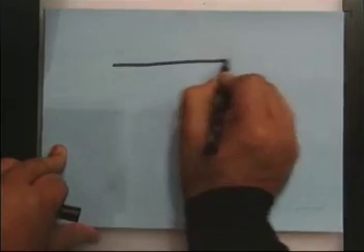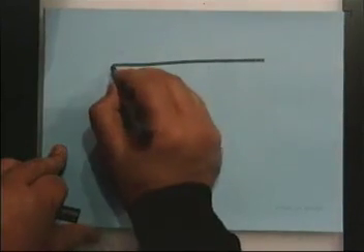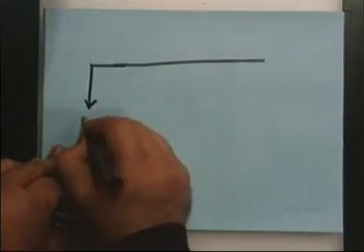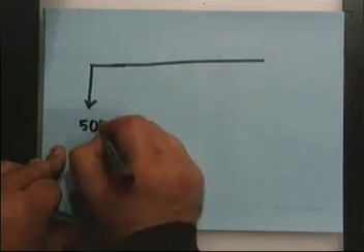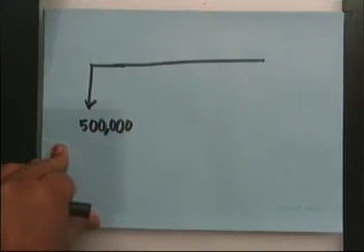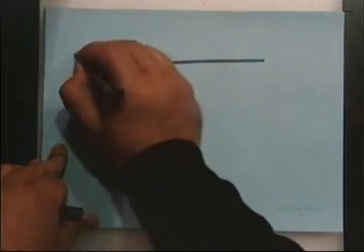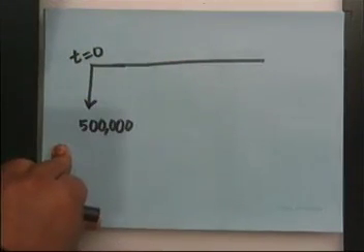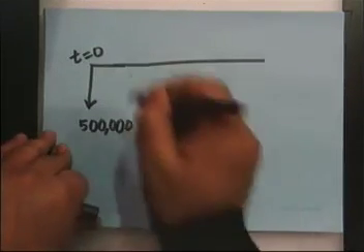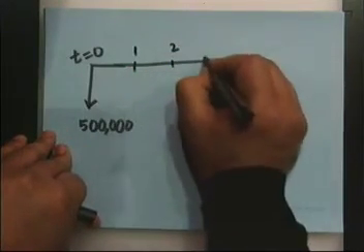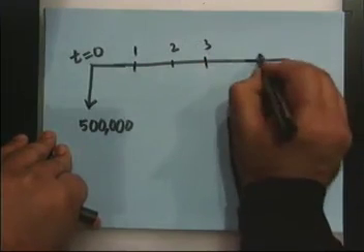For brand A or alternative A, it says that you have to invest rupees 500,000 at time t is equal to 0, and every year rupees 250,000. So, at time t is equal to 1, 2, 3, so on.